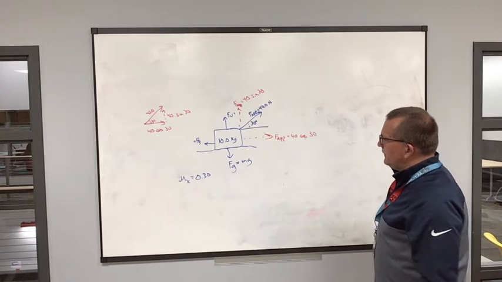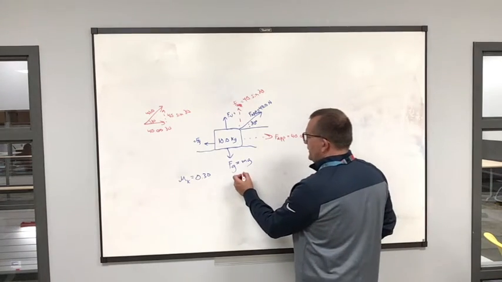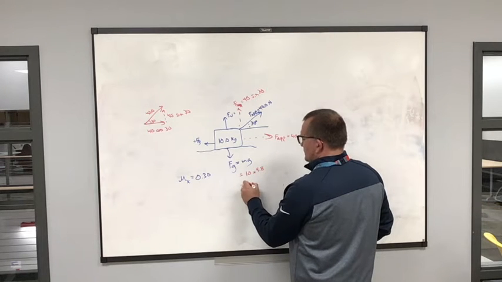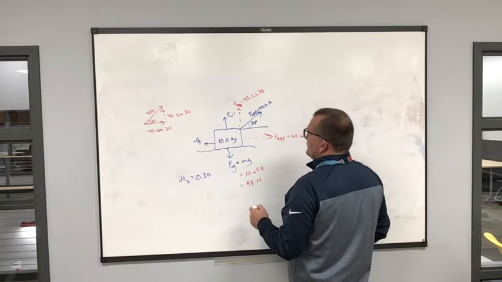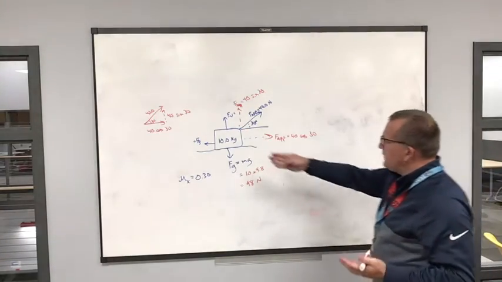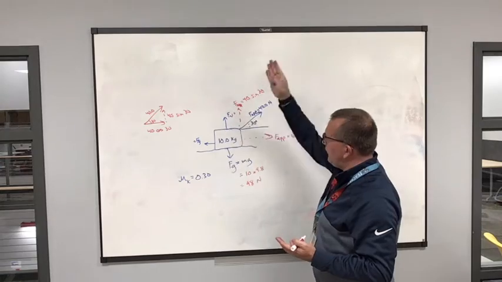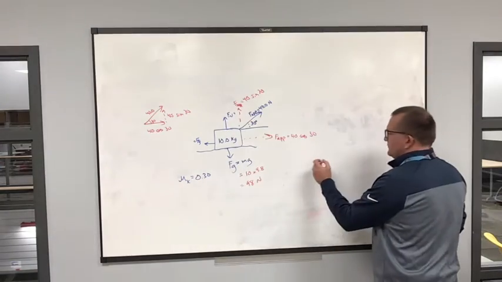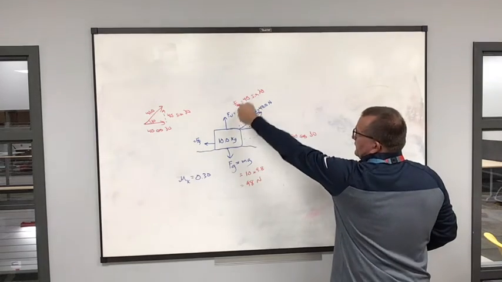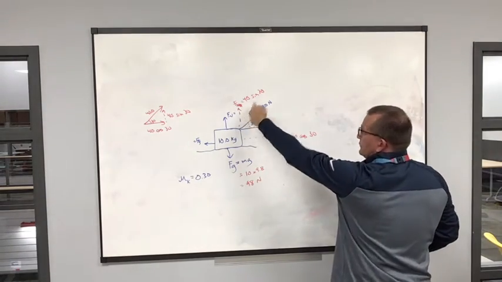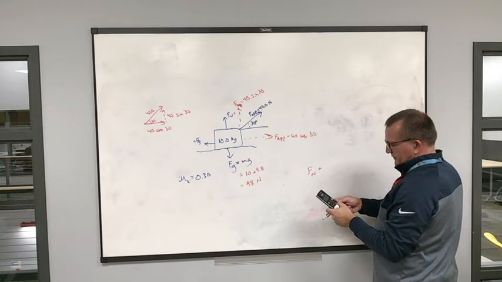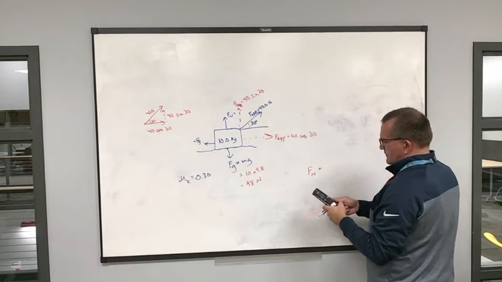All right, and so now I can use this to find my weight, or the force of gravity, 10 times 9.8, which we've already established is 98 newtons. Now, my normal force isn't going to be 98. All right, here's what we want to think about: our forces in the y. I have normal force plus the y component of my applied force, 40 sine 30, and I get 20.